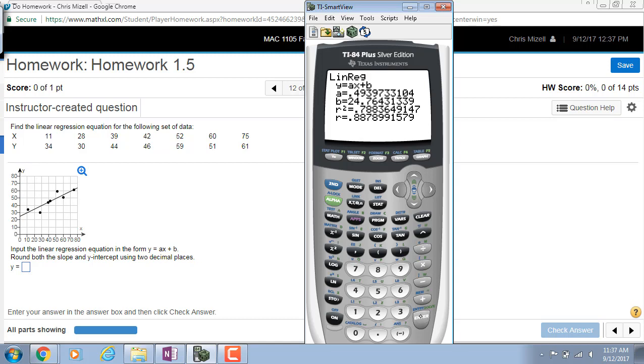And I'm going to have to round. Y equals, the slope is 0.49, so I'll go with 2 decimal places there. And the y-intercept is 24.76. Go with a couple decimal places there as well.